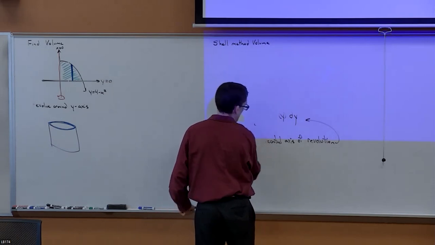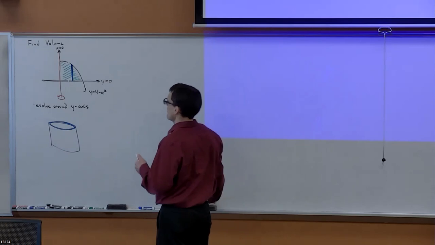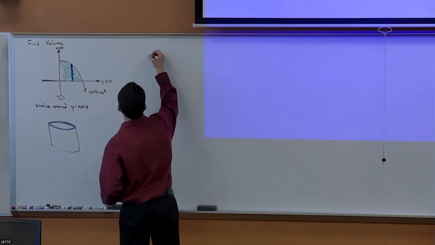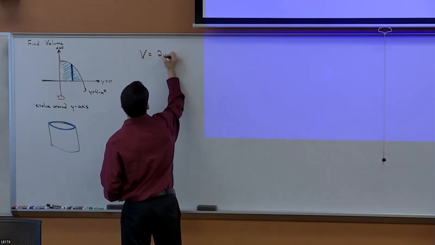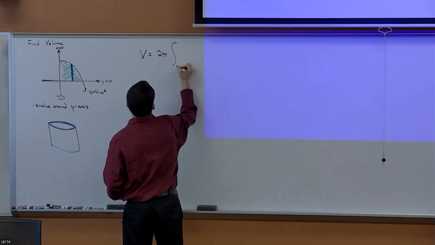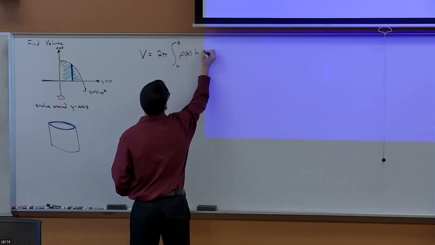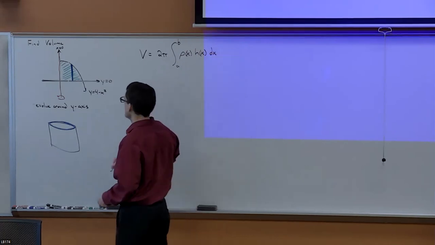But the important thing is we have to integrate with respect to x because that's how our Riemann sum rectangles are going to look like. So let's take 2 pi, integrate from a to b. The radius, which we call rho, times the height, which we call h of x, dx.